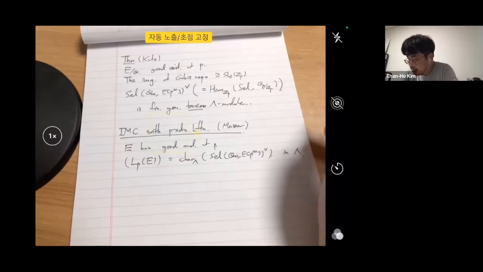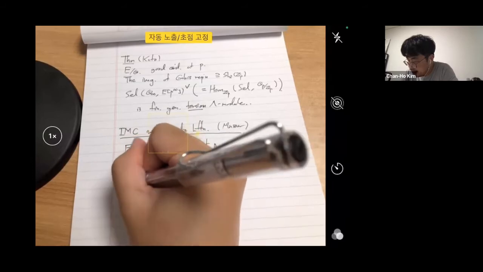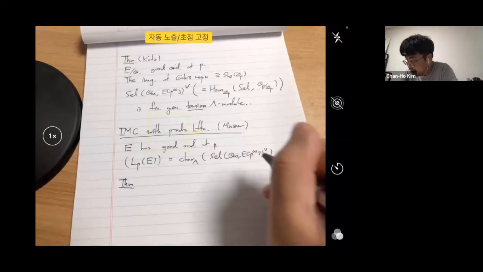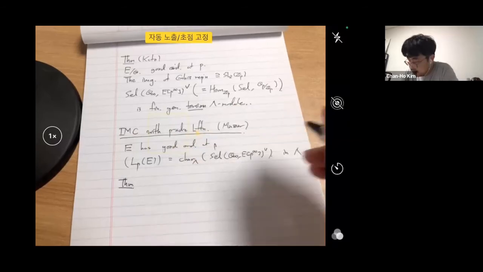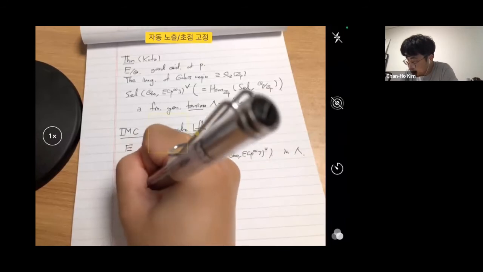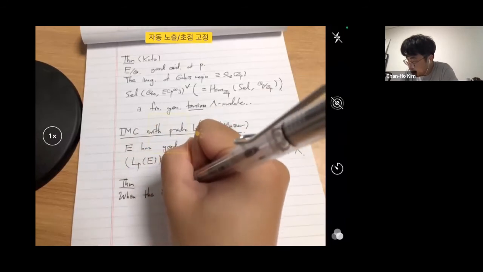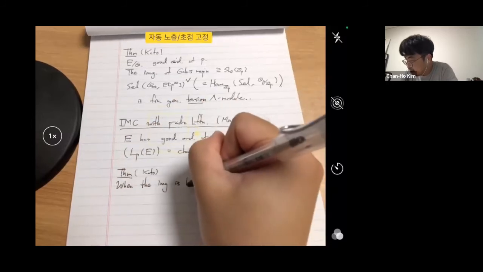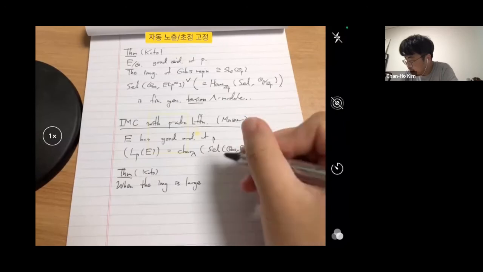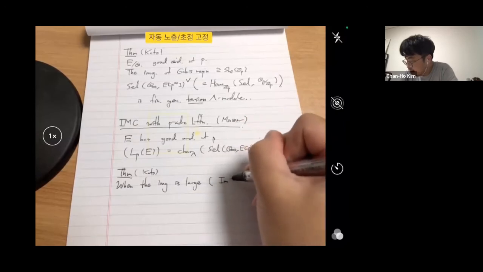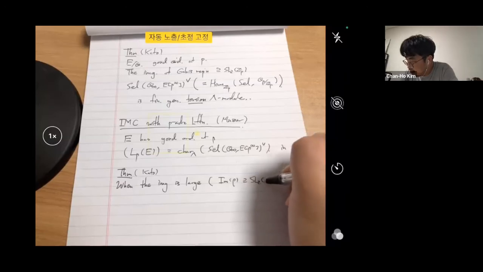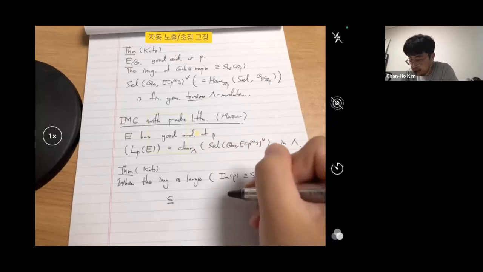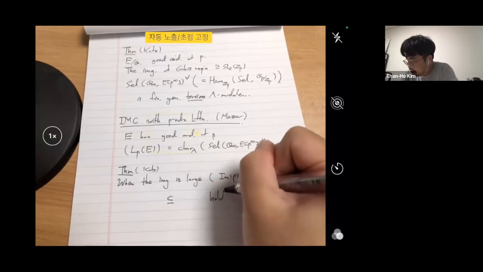And what Kato proved, as I said before, is that when the image is large, then the one inclusion holds in lambda.